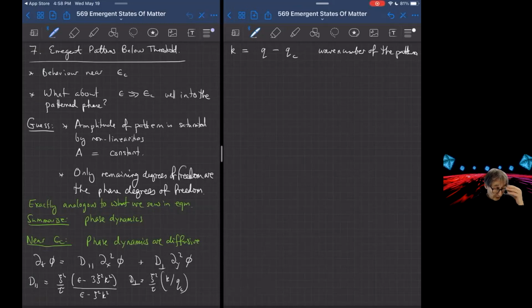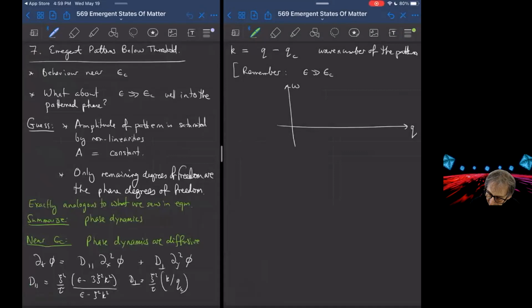Remember that we are well away from qc, and so we have a very large band of unstable wave vectors. So here's q, here's our dispersion relation.